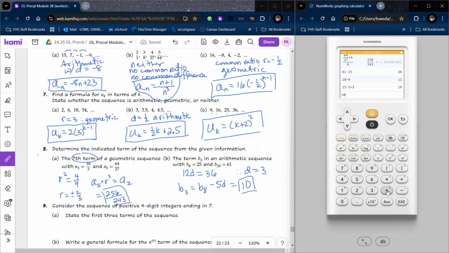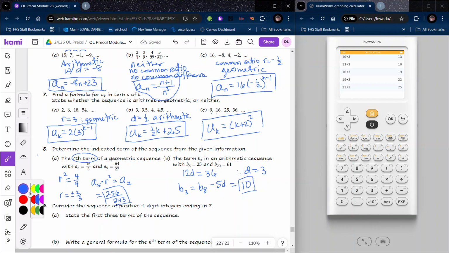That's the third term, plus 3, fourth term, plus 3, fifth term, plus 3, sixth term, plus 3, seventh term, plus 3, eighth term. And so I can see that it does work. Understanding this relationship between terms, whether you're arithmetic or geometric, is very, very important to simplifying your work.